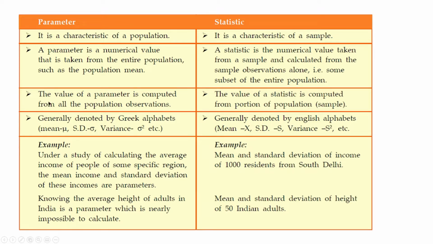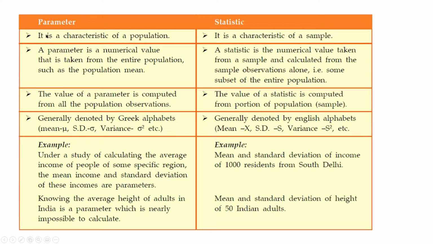The value of a parameter is computed from all population observations, whereas the value of a statistic is computed only from a portion of the population, which is the sample.